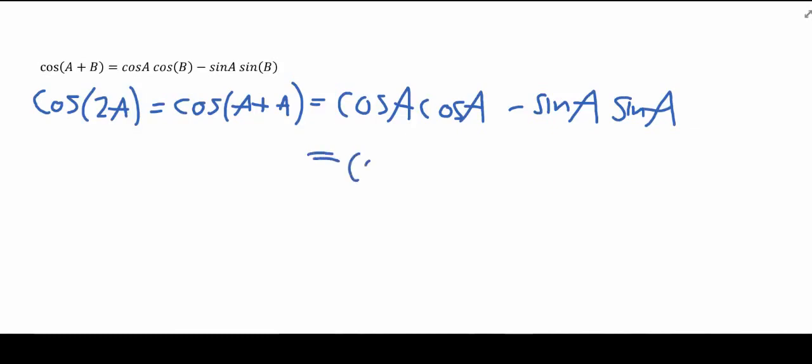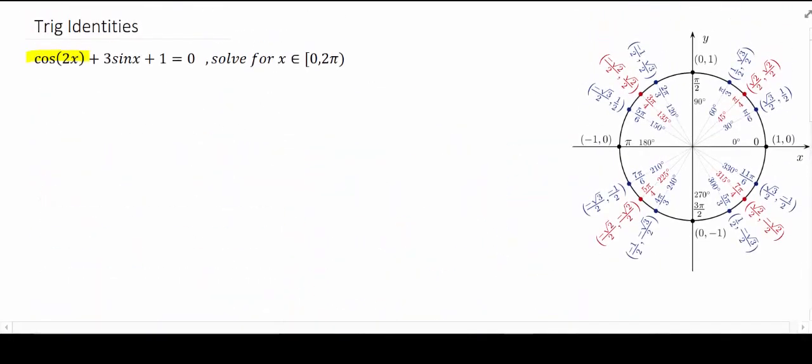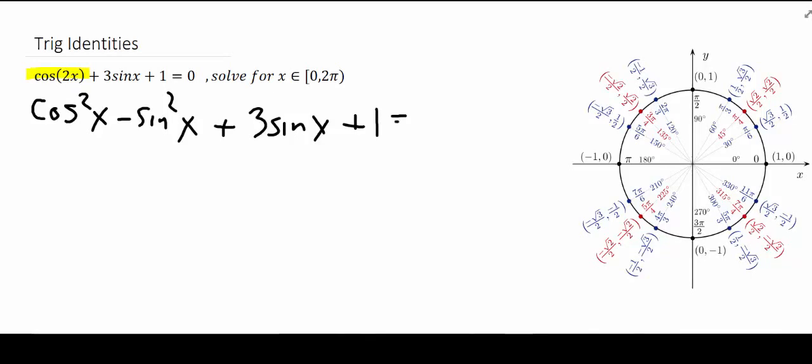So that's the same as cosine squared a minus sine squared a. So now I have a formula for the cosine of 2a. So I can go back up here and say, well, cosine of 2x is the same as cosine squared x minus sine squared x plus 3 sine x plus 1 equals 0.